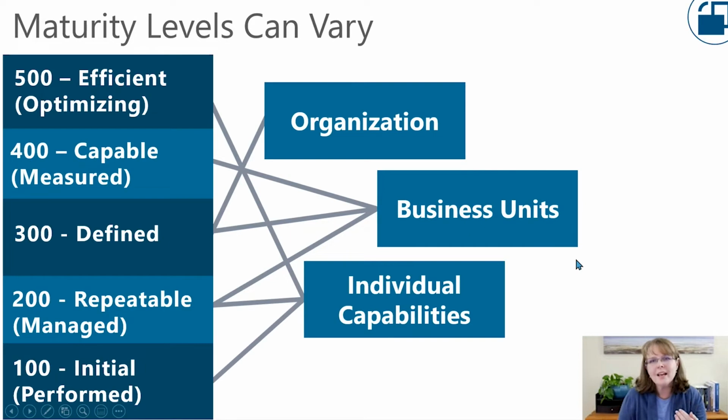And then we've got the idea of the different capabilities. So for instance, if you're in a really regulated industry, you might say, yes, our governance capabilities need to get to level 400 or level 500.